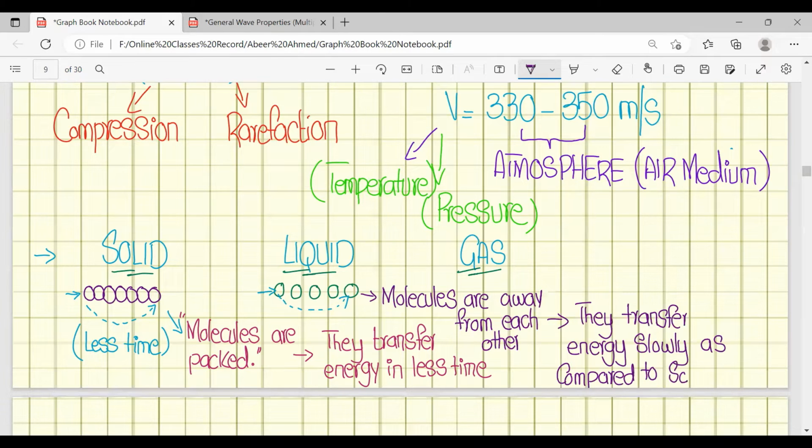Any confusion? No. Okay, so this is basically the general properties of matter of three states.